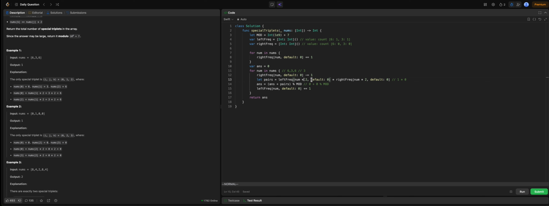Num is a 6 now. 6 multiplied by 2 is 12, and the default is also 0. Yep, at the end we got that 1 in here. And the pair will be 1 because in our right frequent, even though there is no value in here, so we get the 1 in here. That's the reason why we are receiving the 1.